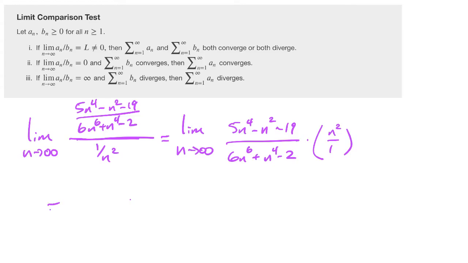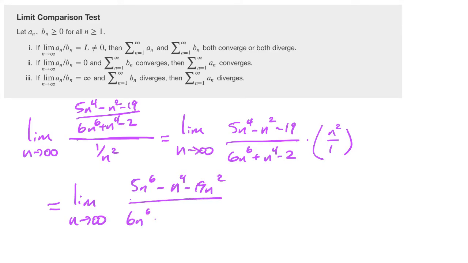Well, by the time we distribute, what we end up with is (5n^6 - n^4 - 19n^2) divided by (6n^6 + n^4 - 2).